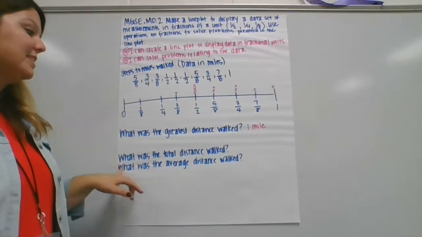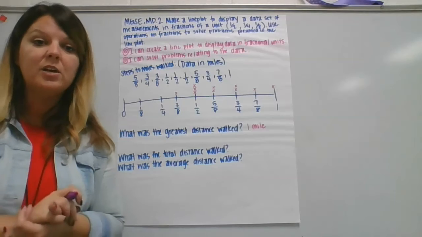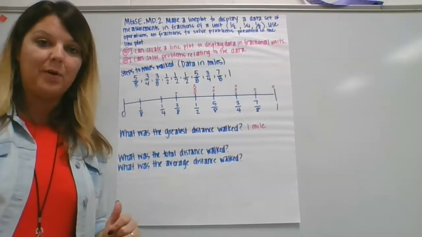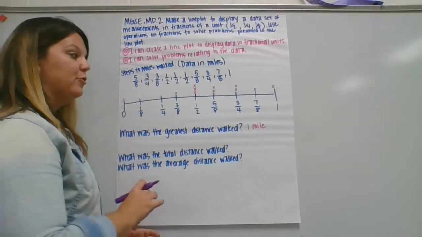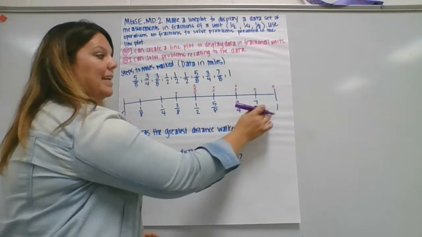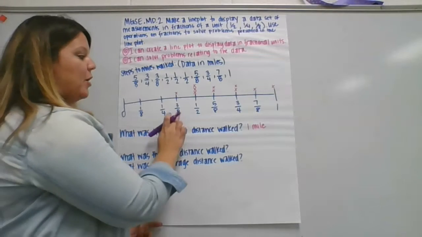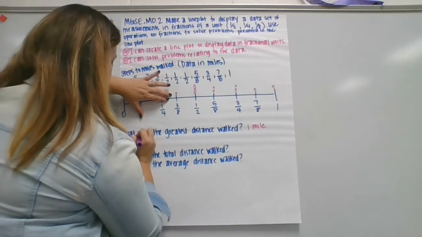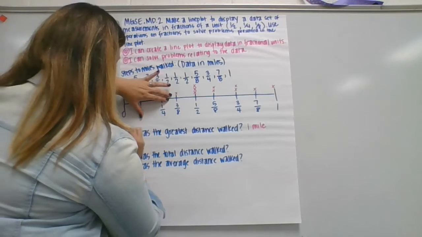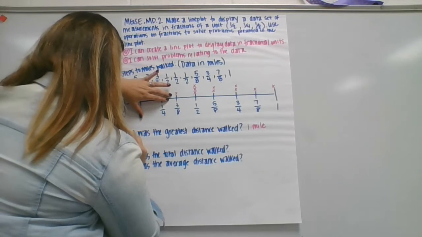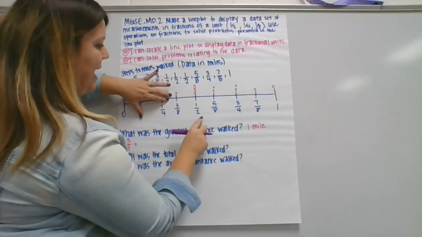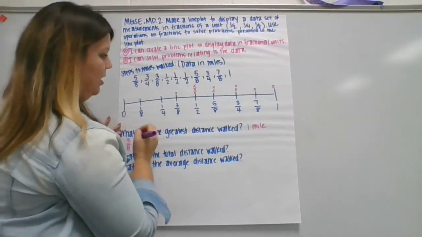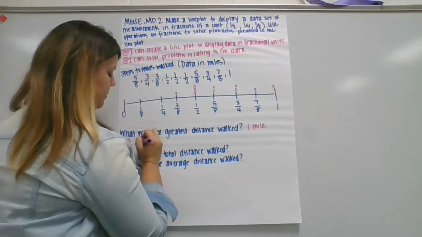All right, and what was the total distance walked? So to find the total distance walked, I need to add all of my data points together. Well, they're already grouped, so that can help me do that a little bit easier. So I have 3/8 one time. I have a half here 3 times. So that's 3 halves or 1 1/2.